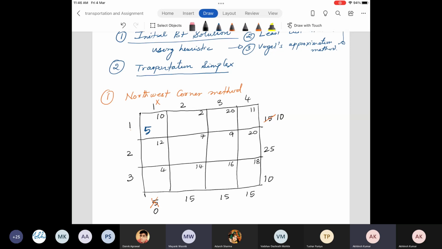How we have assigned 5 units from warehouse 1 to market 1. Do you have any questions, or should I stop recording the classes so that you have to pay attention in the class itself?